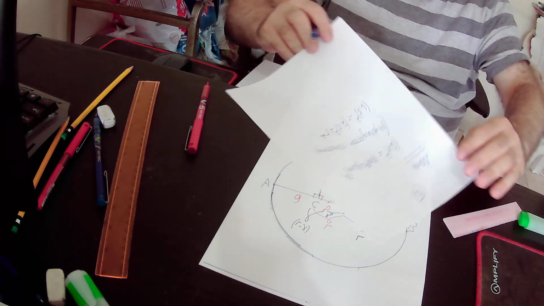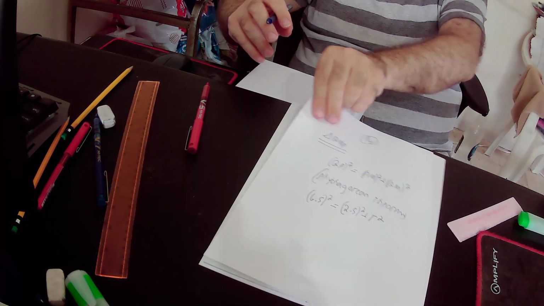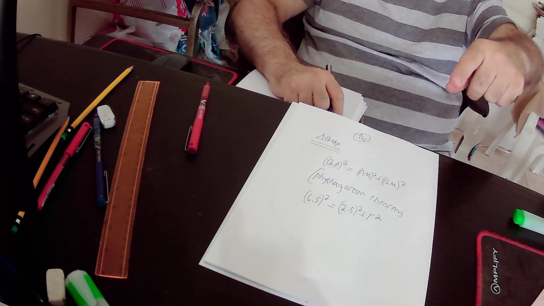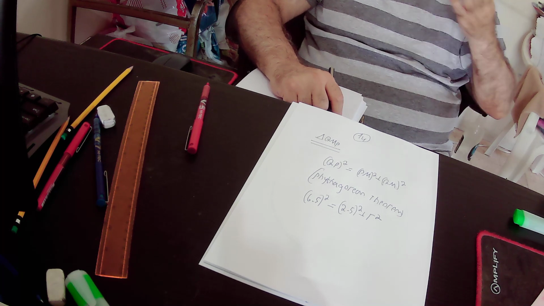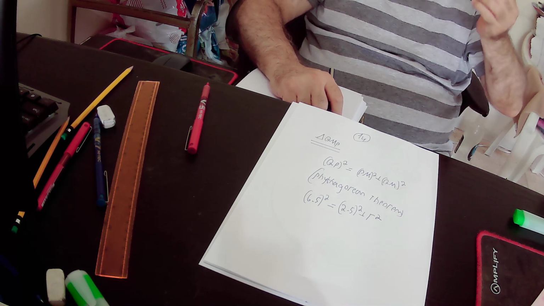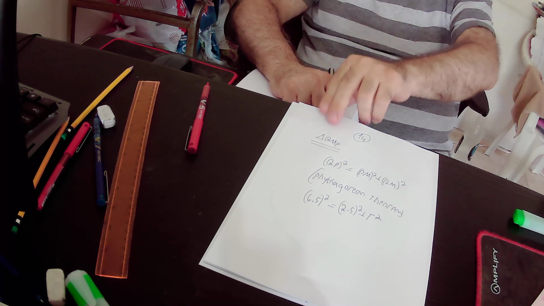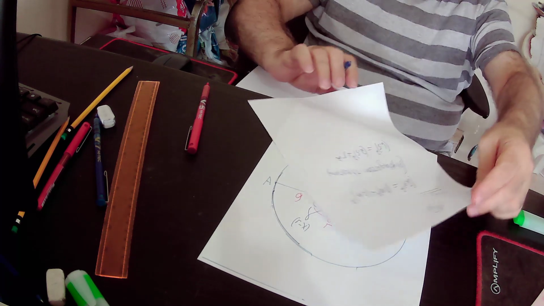So in total we got that 6.5 square equals 2.5 square plus small r square. 6.5 square is 42.25, and 2.5 square is 6.25. So I write it down.